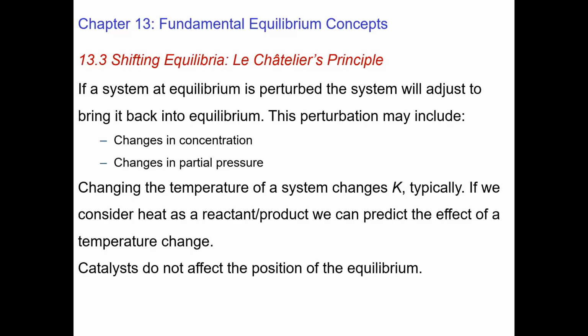When we change the temperature of a system, K will normally change. If we consider heat as either a reactant or a product, we can predict in which direction K will change, whether it will get bigger or smaller. And finally, it's important to realize that catalysts, while they do affect the rate at which equilibrium is obtained, they don't affect the position of equilibrium.